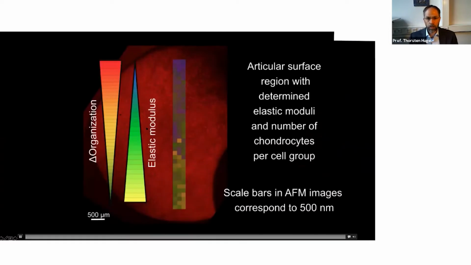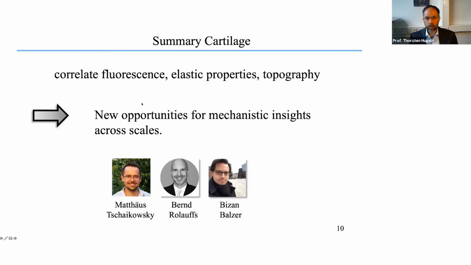So I hope that I could show you in this first example that we can now correlate different properties on different scales. Fluorescence for the organization of cells, elastic properties, and the topography for the organization of the collagen network, to not only describe samples, but go on and get mechanistic insights.